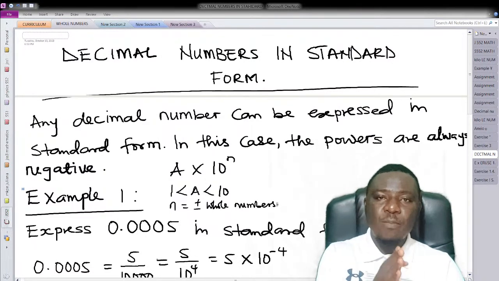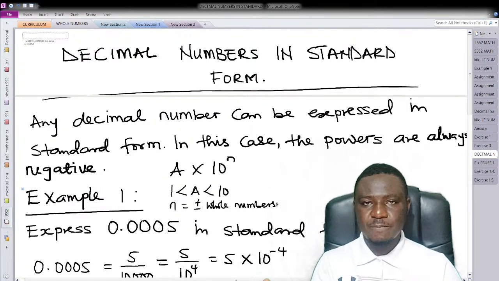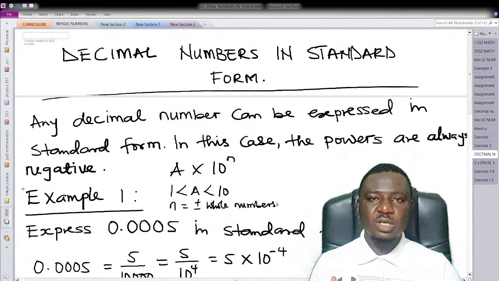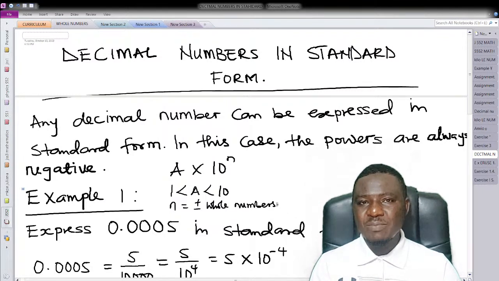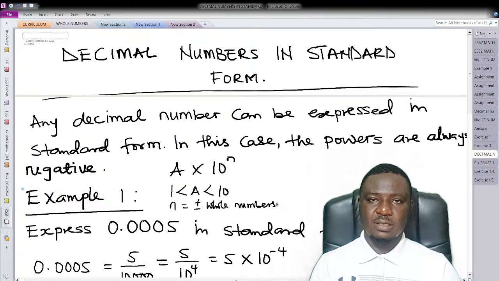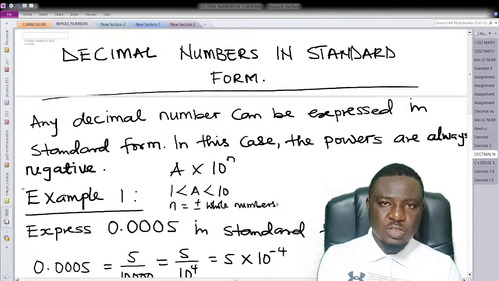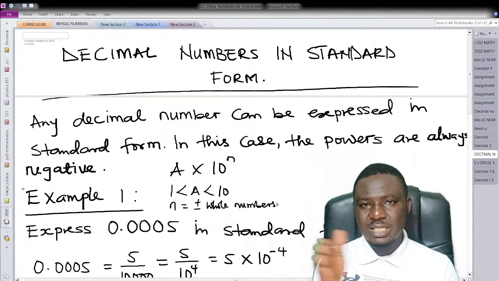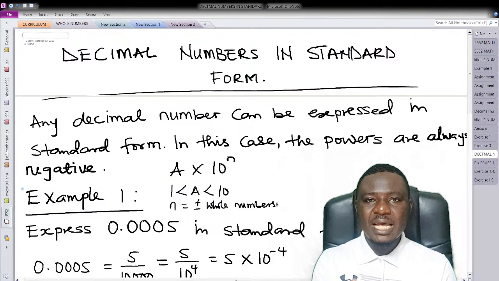We were moving the decimal point from the last digit towards the left.